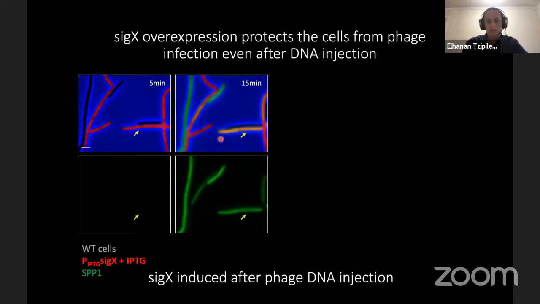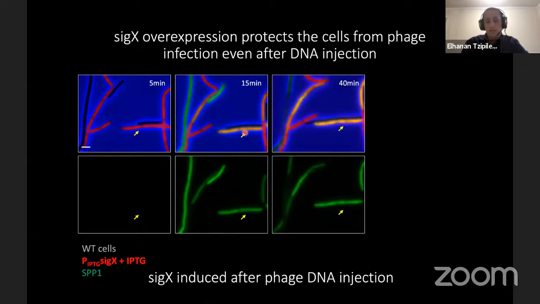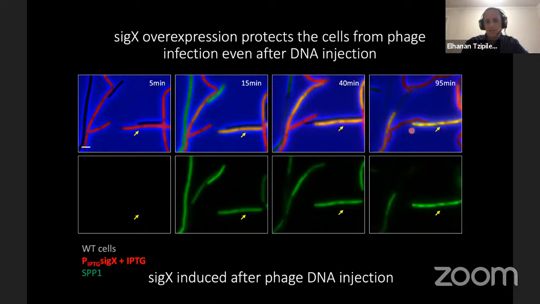And indeed, you can see that both cells got infected at the same time. Both red and dark cells have GFP inside. However, although they both were infected at the same time, cells overexpressing sigma X lyse much later and remain intact after the lysis of the sensitive wild-type cells.